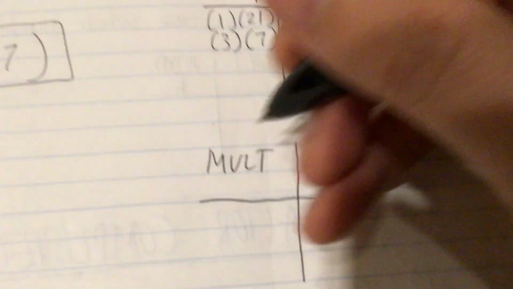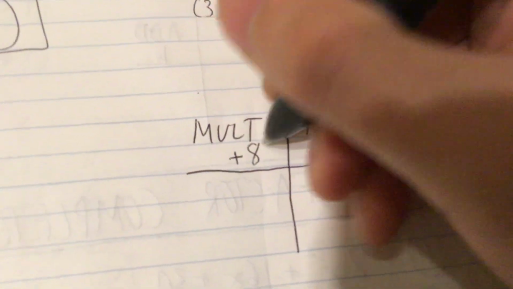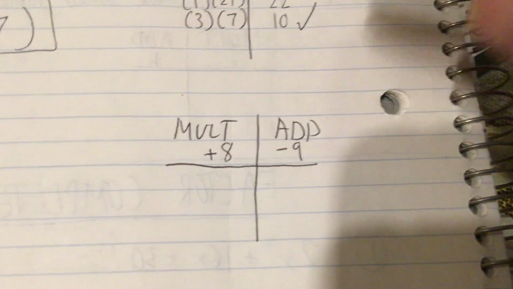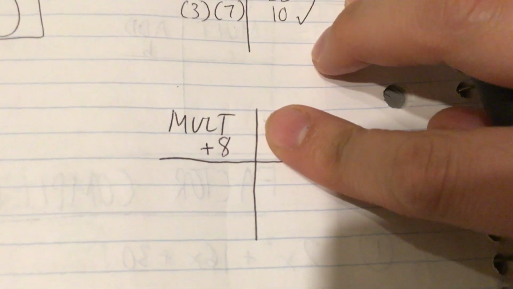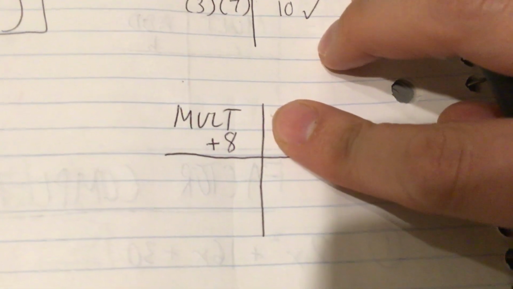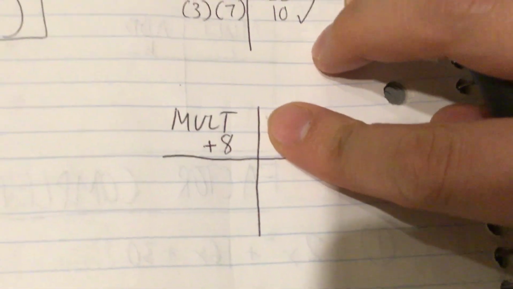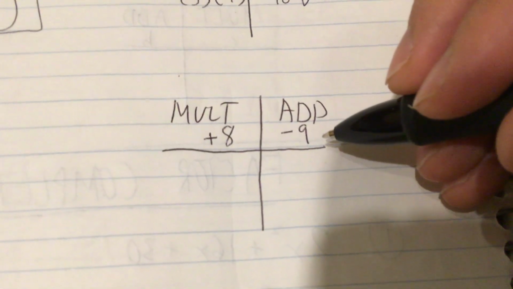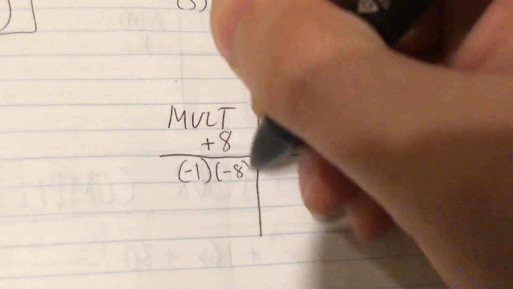Yes. So I'm going to look for two numbers that multiply to positive 8 and add to negative 9. Two numbers that multiply to make a positive mean it's either positive positive or negative negative. But since they add to a negative, it has to be negative negative. So let's start with negative 1, negative 8.